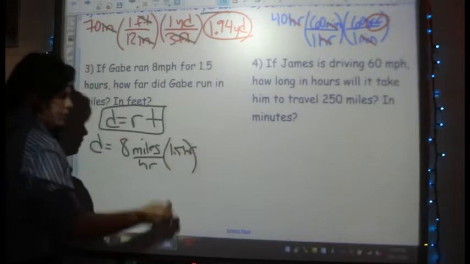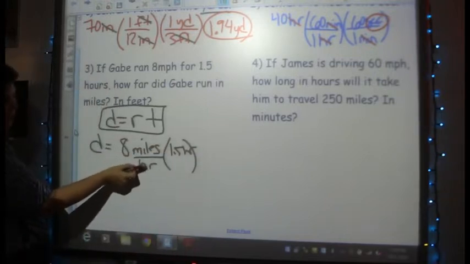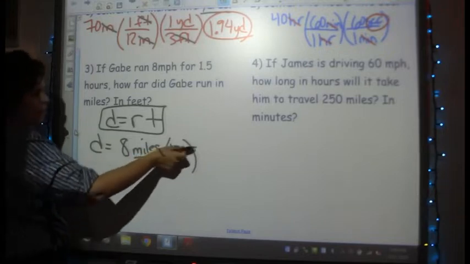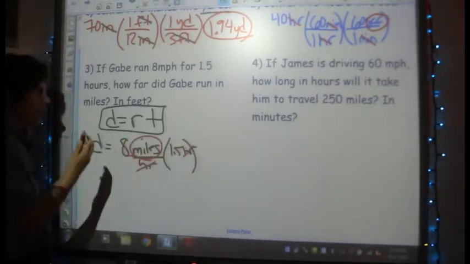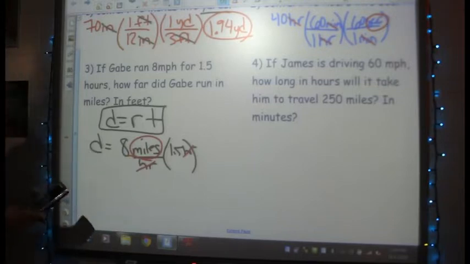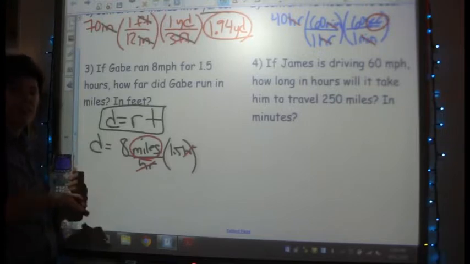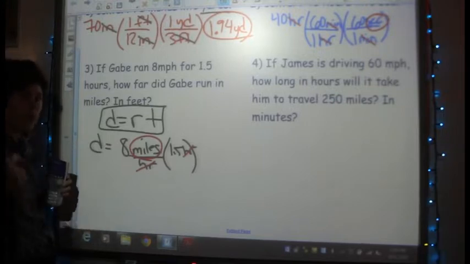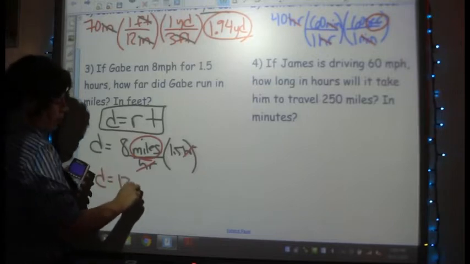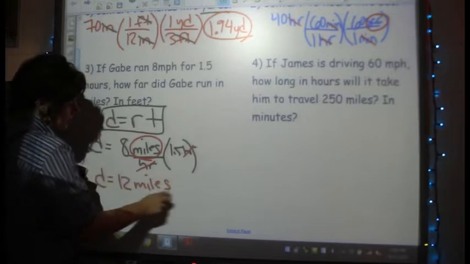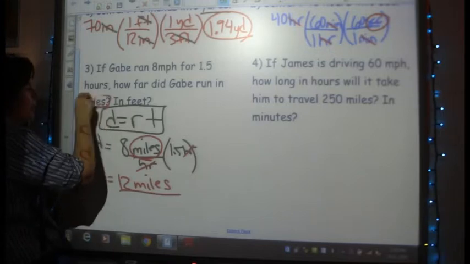And if you notice here, just like we talked about before, the miles per hour, the hour's on the bottom, the 1.5 hours is on the top, the hours cancel, and you'll be left with your units of miles. So we can take our calculator, 8 times 1.5. You will need a scientific calculator for this lesson, by the way. So if you haven't already gotten one, make sure you grab one. All right, so she ran 12 miles, which answers part of the question.